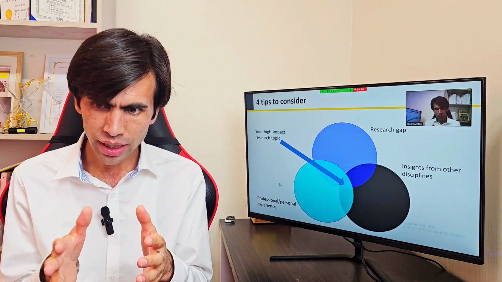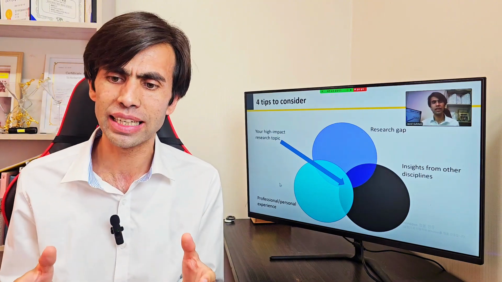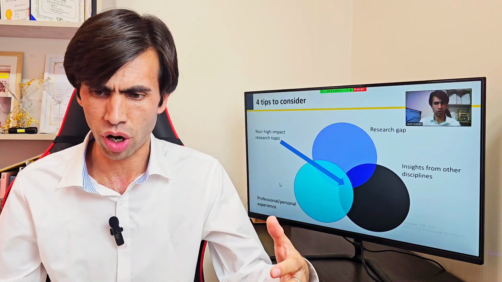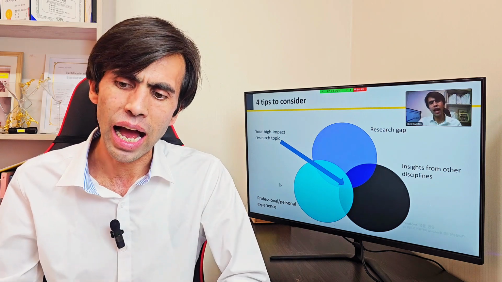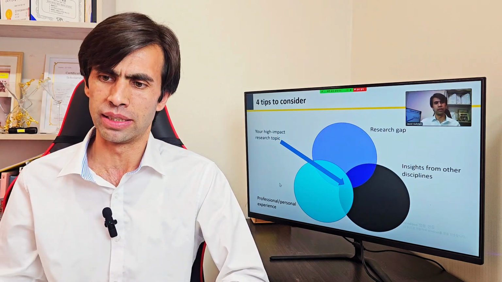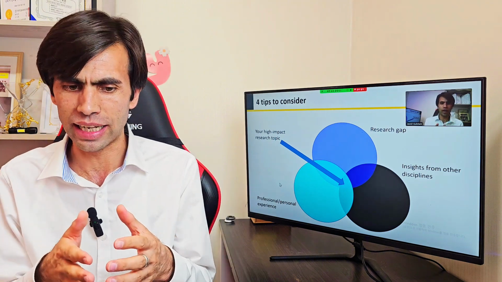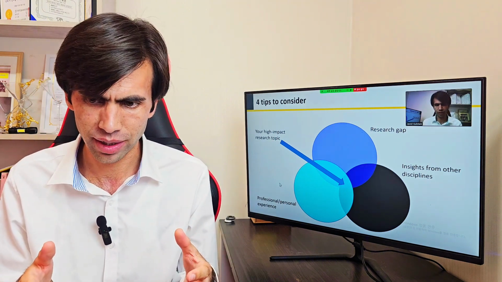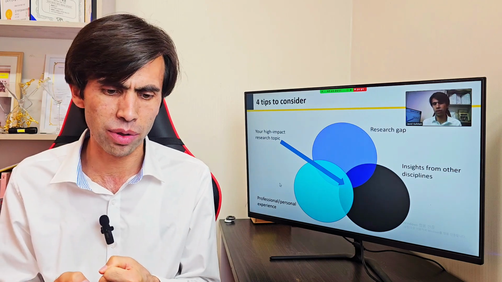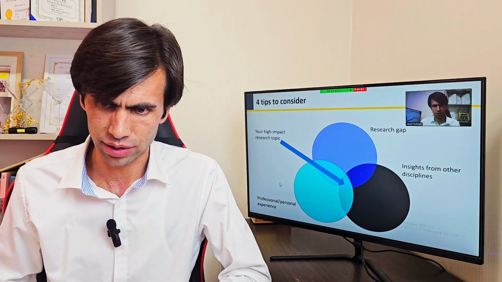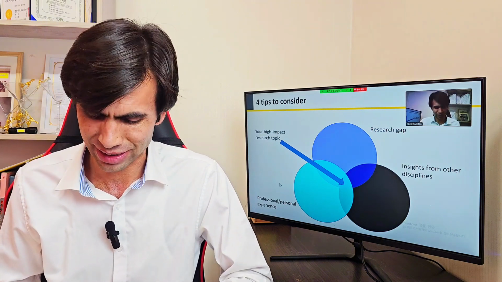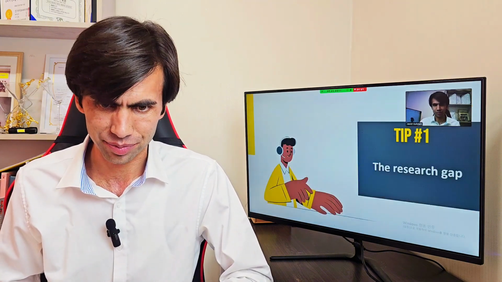By finding a research gap, we are going to develop a research idea, a research topic. Then, how we can develop a research topic based on insight from other disciplines rather than from our own specific and narrow measure. And also how we can get a research idea from our personal or professional experiences, and also the 4th tip that we are going to talk about at the end. So let's continue.